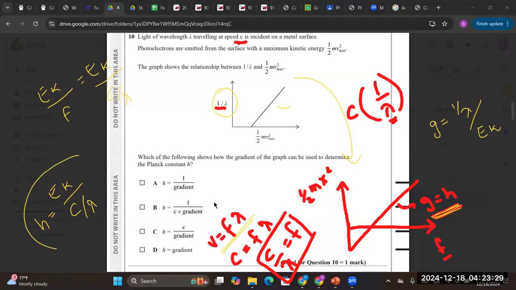So Planck constant is equals to kinetic energy divided by c upon lambda. So you can also use this concept to figure out how you can calculate the Planck constant using this graph. This one is slightly tricky. I know this is a bit of a tricky question, but give it a try and see if you can figure it out.